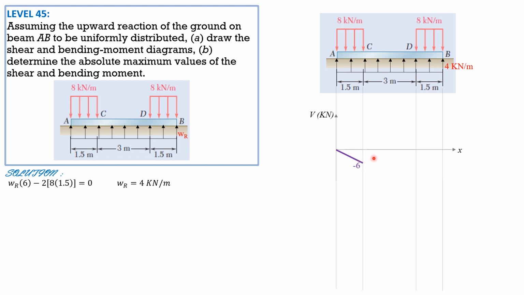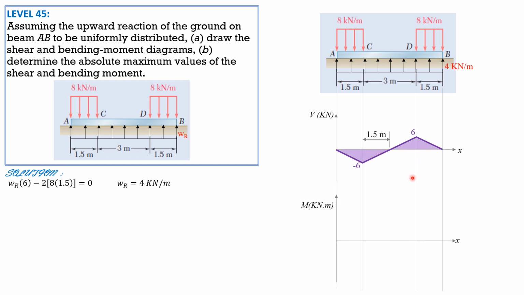Negative 6 plus 12 is positive 6. Then the net downward load is 4 kilonewton per meter times 1.5. So negative 6, 6 plus negative 6, 0. So that means by symmetry, this is 1.5, half of 3. So that's the shear diagram.